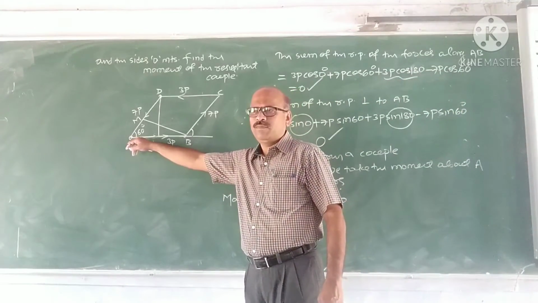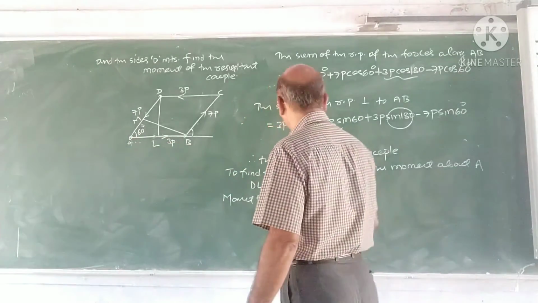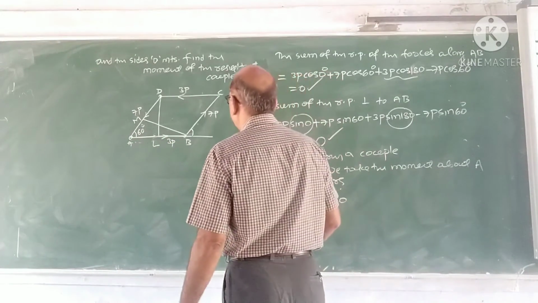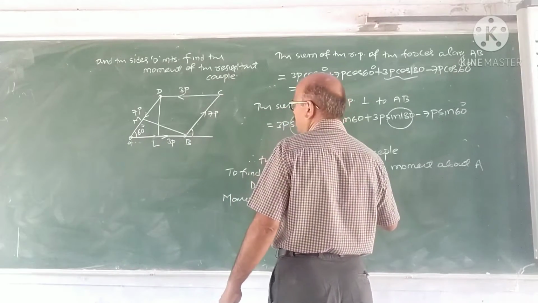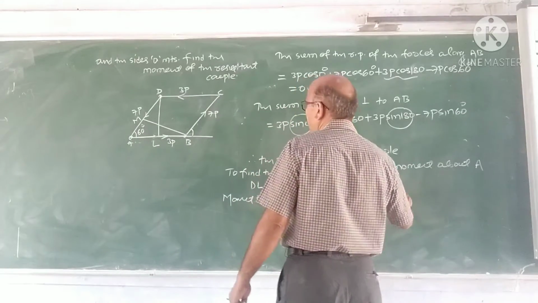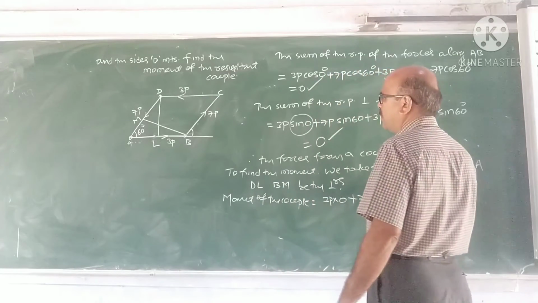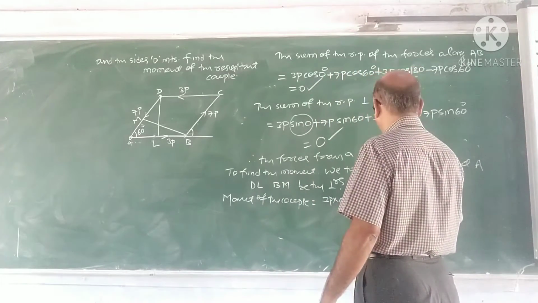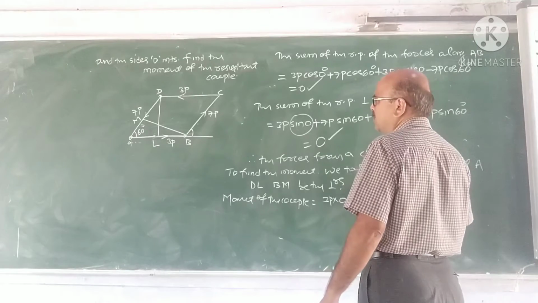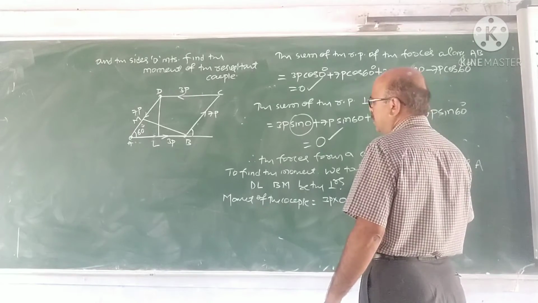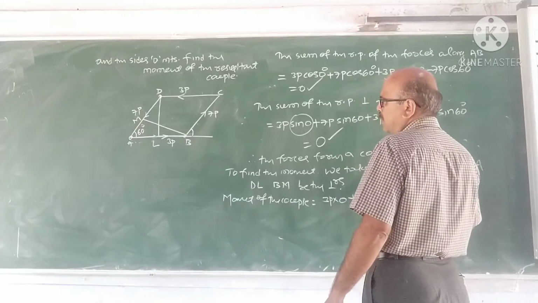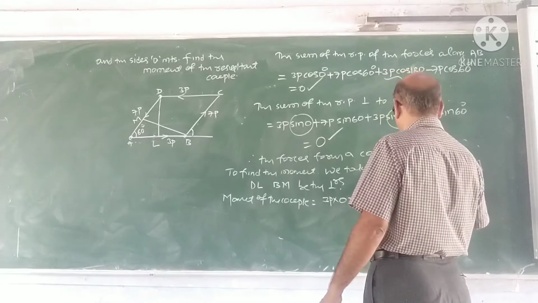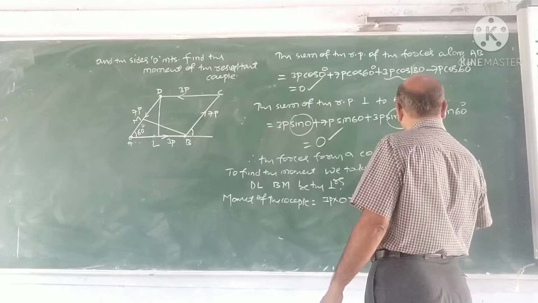It passes through A. 3P into 0, plus 7P into BM, plus 3P into DL, plus 7P into 0.